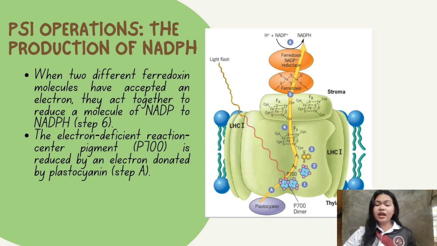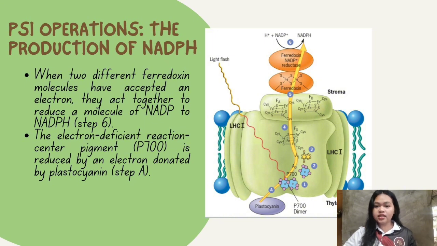Then, para magkaroon ng reduction of NADP positive ion to form NADPH, magkakaroon ng catalyzing process using an enzyme called pyridoxine nicotinamide adenine dinucleotide phosphate reductase.